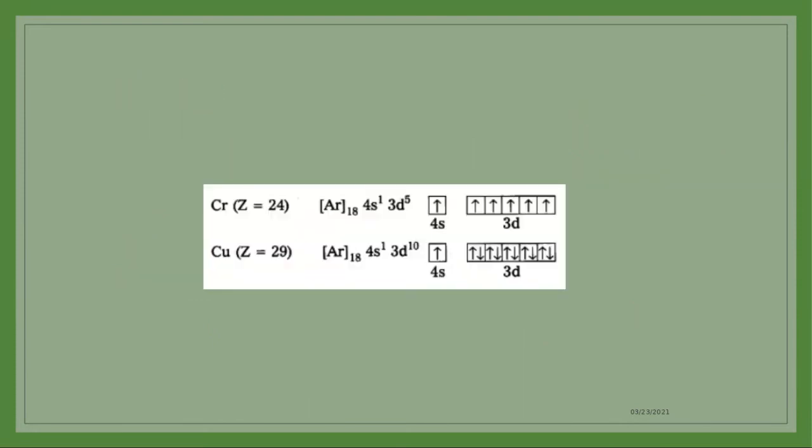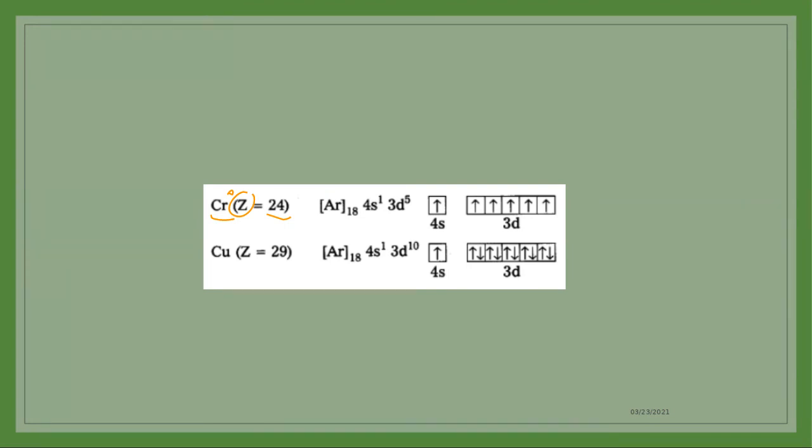Yes, here the chromium, and this is the spherical symmetry. That's what you know as spherical symmetry. For example, chromium has atomic number 24, and the charge is 0, that means the electron number is 24.